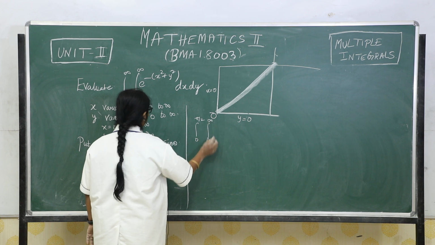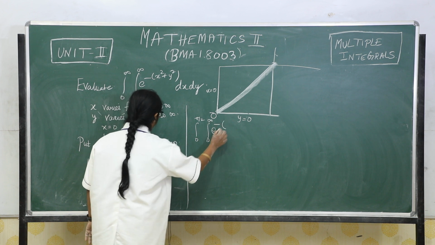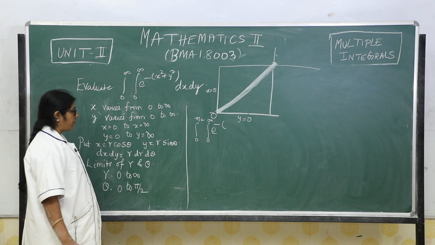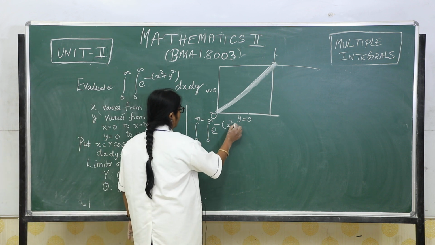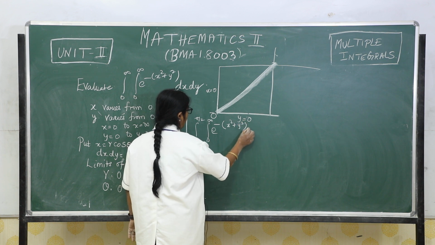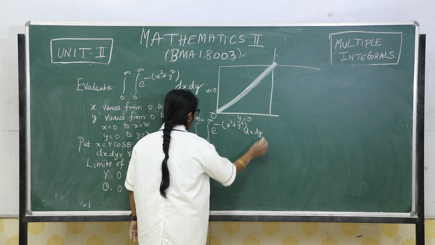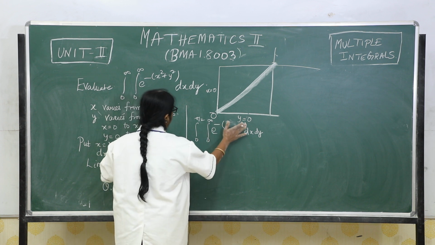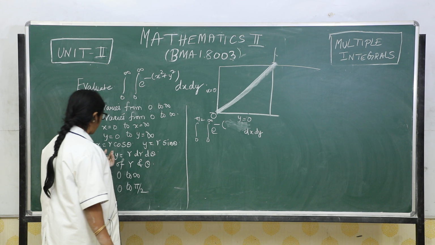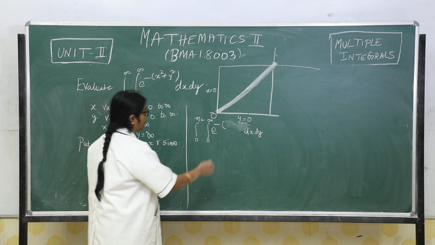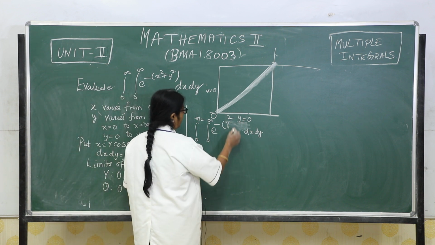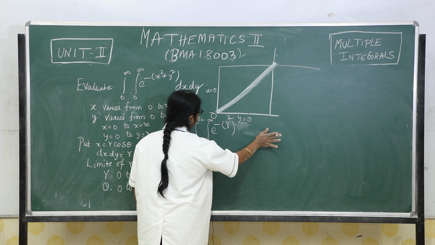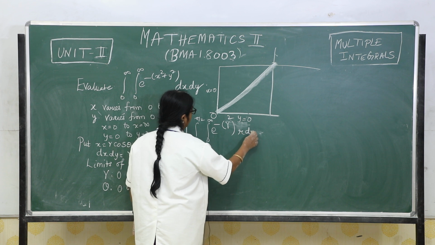0 to infinity e power minus of x squared plus y squared. x squared plus y squared will become r squared cos square theta plus r squared sin square theta, which is r squared, and dx dy equal to r dr d theta.